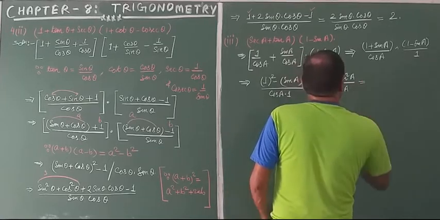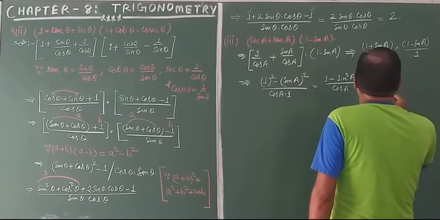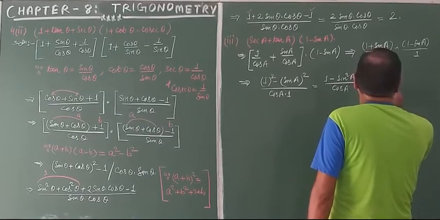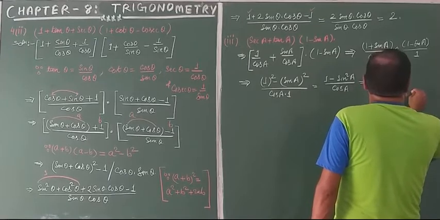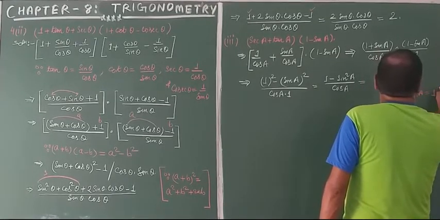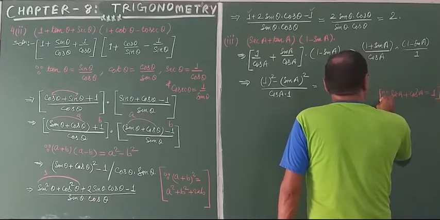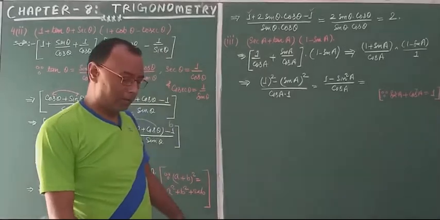Now, there is one formula: sin square A plus cos square A is 1.